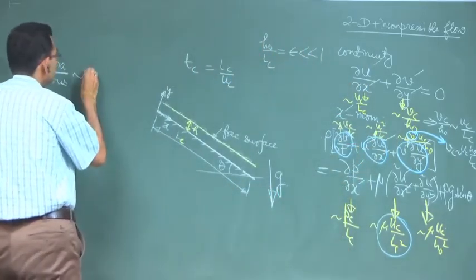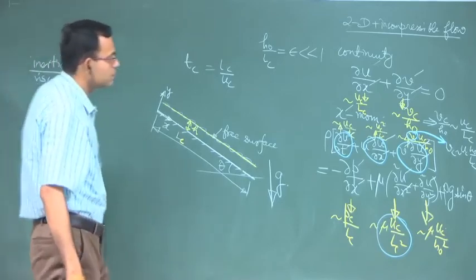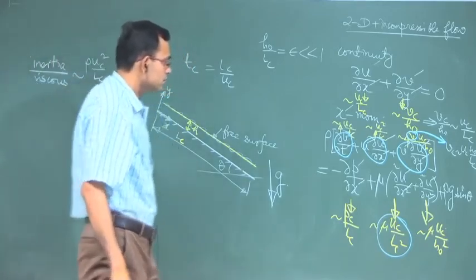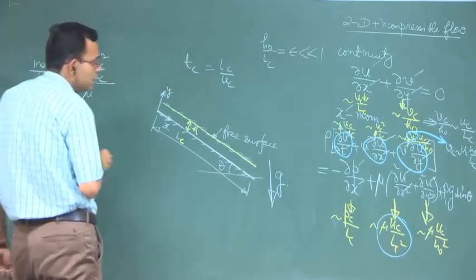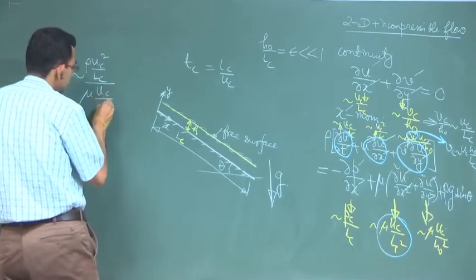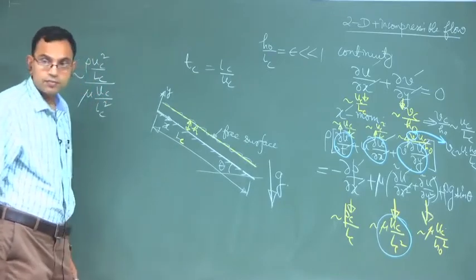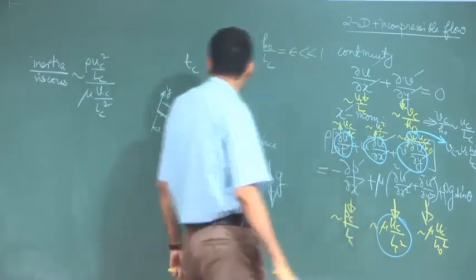So rho Uc square by Lc divided by mu Uc by H naught square, inertial term by viscous term.